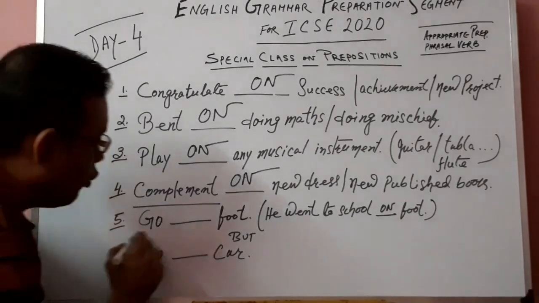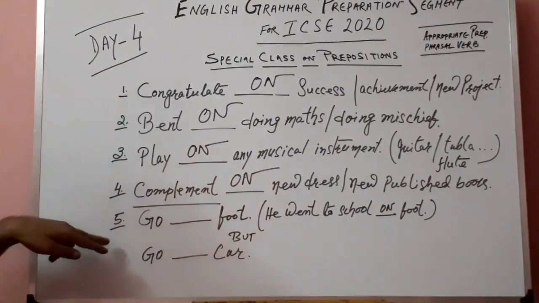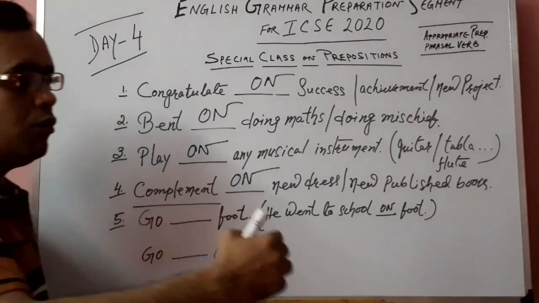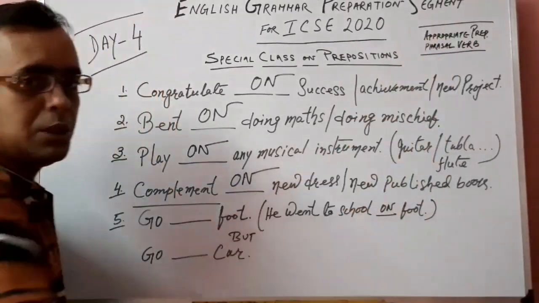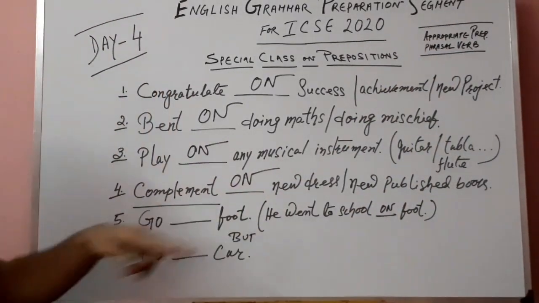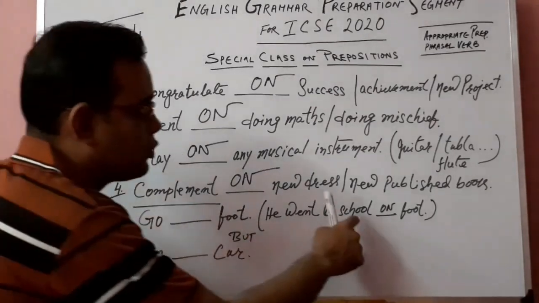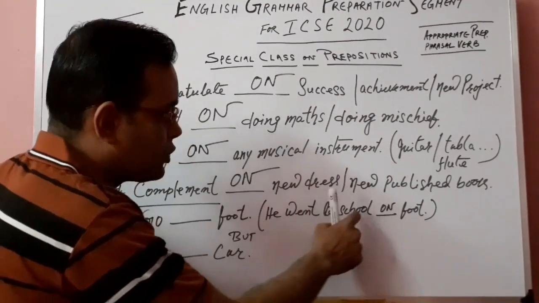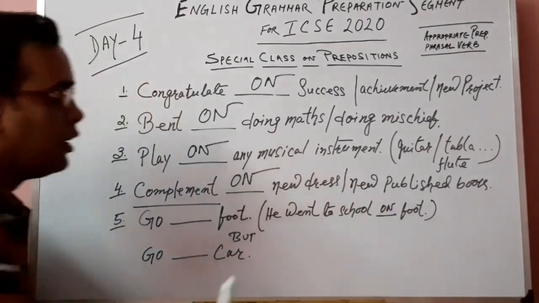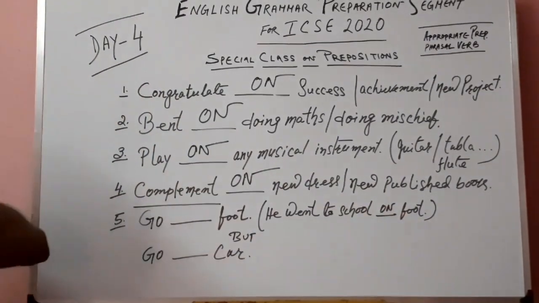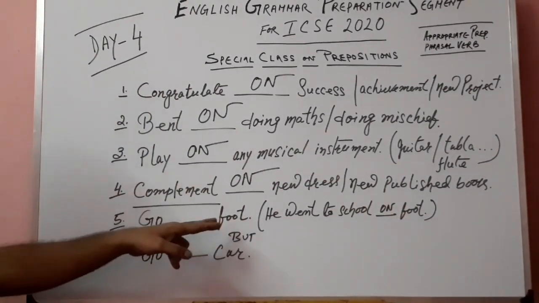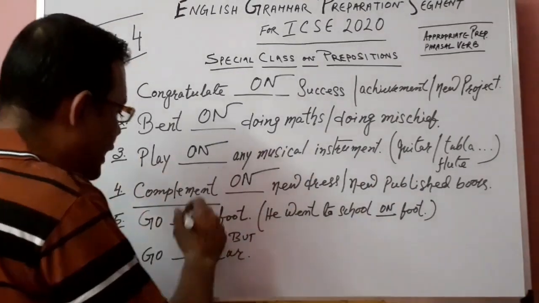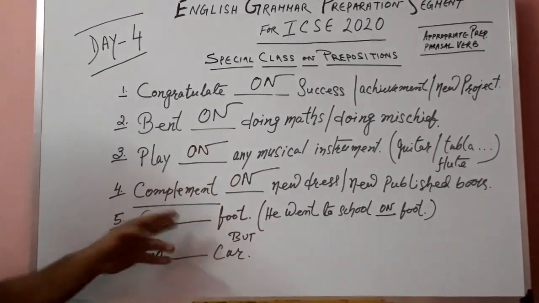Next, go. For go, if we go, fill in foot, then go on foot. He went to school, fill in foot. He went to school on foot. If foot is there, then the preposition should be on. Go on foot.